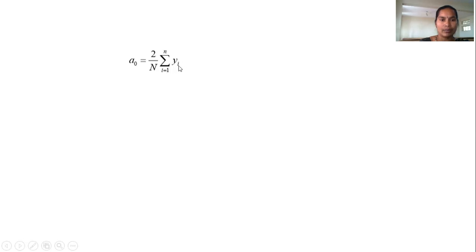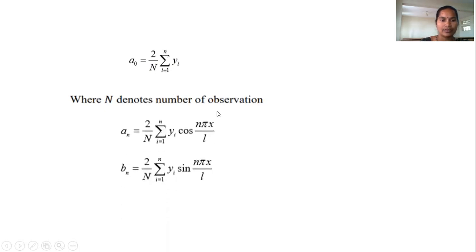If we club all the values of y, we get the sum of yi into 2 by n, where n denotes the number of observations. The formula for an is 2 by n summation of i from 1 to n yi cos of n pi x by L. Similarly, the formula for bn is 2 by n summation of i from 1 to n yi sin of n pi x by L.